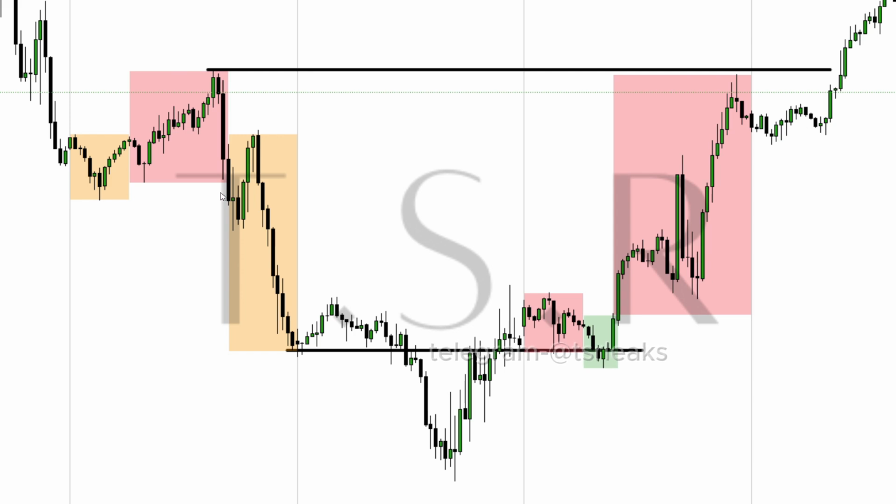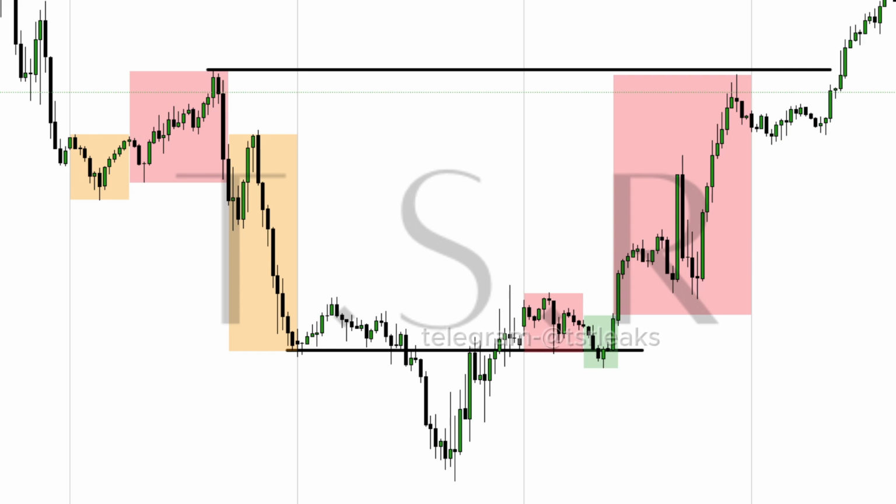Breaking through lows and rejecting highs. Very important. Now, your goal in this example, if you're looking at the daily CRT overall, is to find a point in time where price starts rejecting lows and breaking through highs.